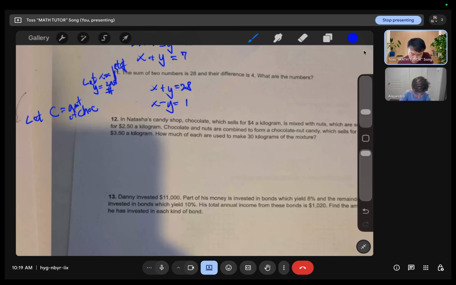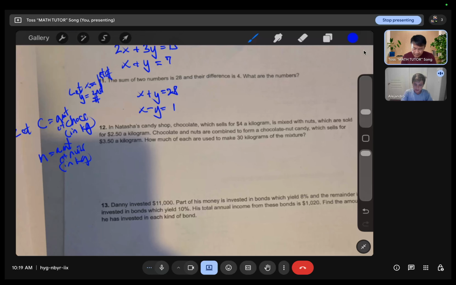And N equals the amount of nuts in kilograms. You may just say amount of chocolate, amount of nuts. You don't have to put in kilograms, because when you solve, you have to put the units at the end anyway.